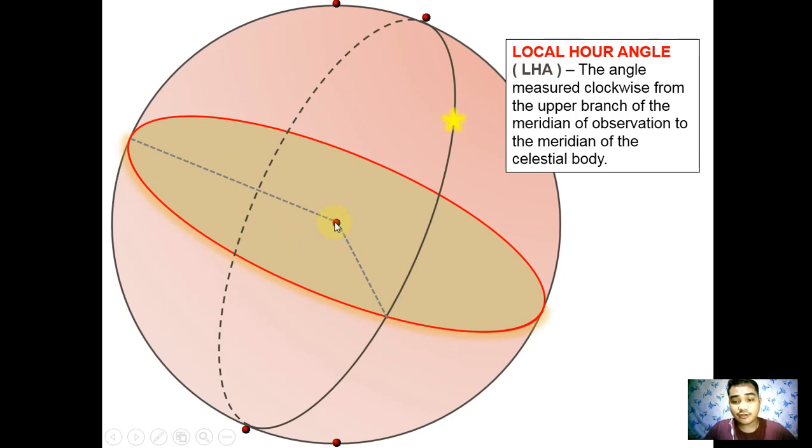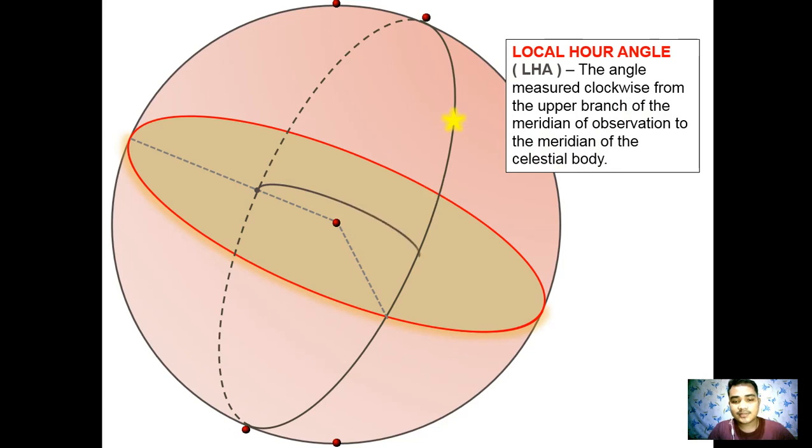When you say meridian, that is your longitude. For example, this is your upper branch, or your meridian, where you are located. So the local hour angle is the angle measured clockwise from the upper branch, your meridian, to the meridian of the celestial body. That is the angle.